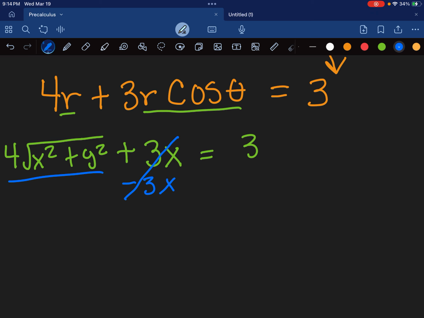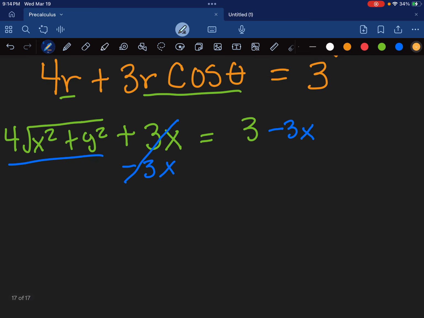So we're going to do minus 3x here also. I'm going to bring this down right here. So we're left with 4 square root of x squared plus y squared equals, I'm going to bring the negative 3x first, and then plus 3.